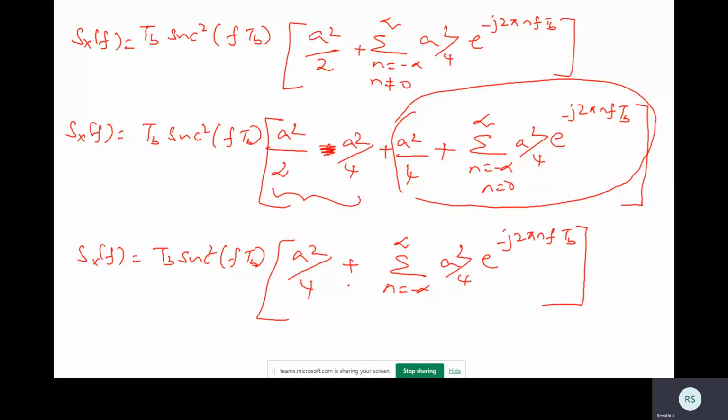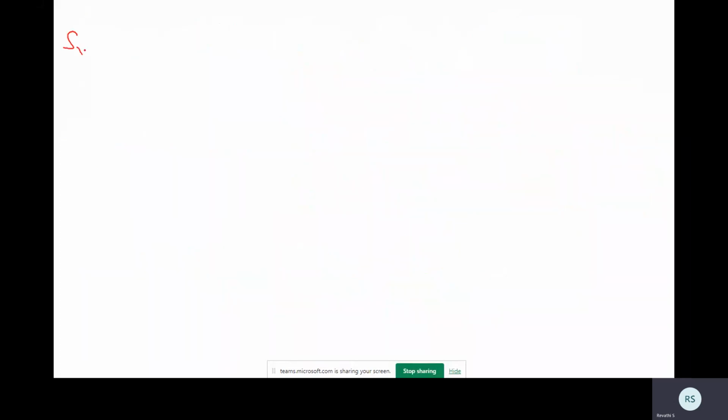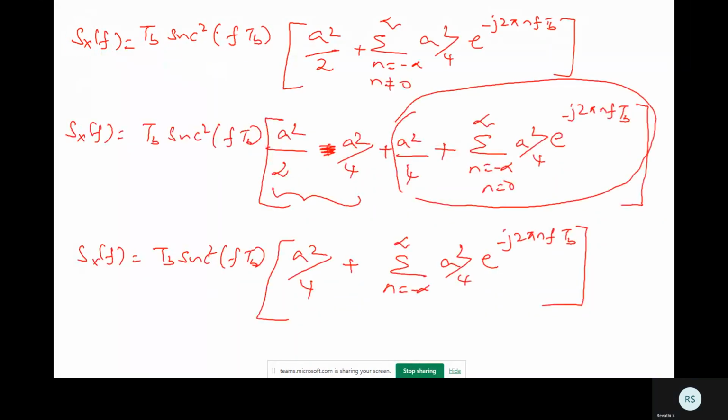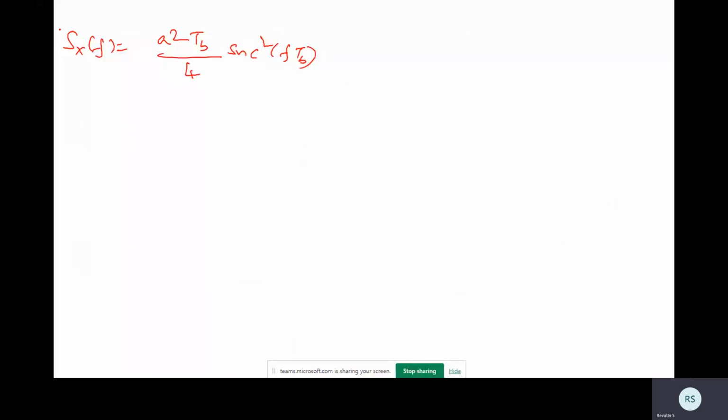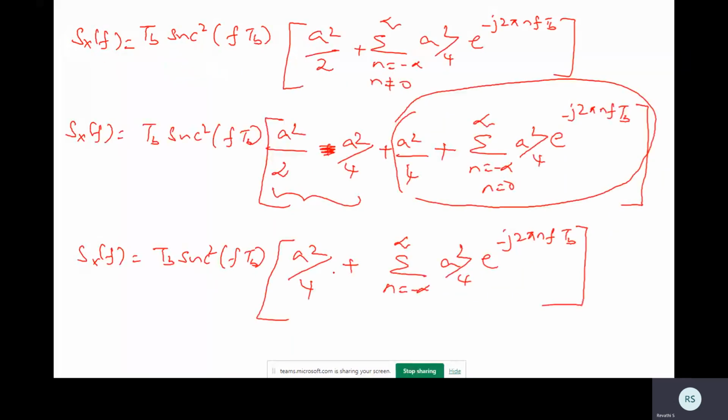Okay, so now you can just multiply this factor inside separately and write it as two different parts. So Sx of f is nothing but a square Tb by 4 sinc square of f Tb, which is the first part. I have written it here. Second part is this Tb sinc square of f Tb, which will go here, and the summation will come.